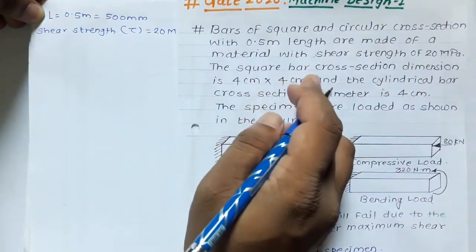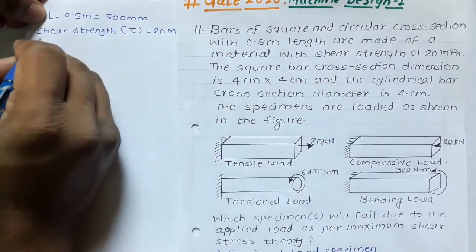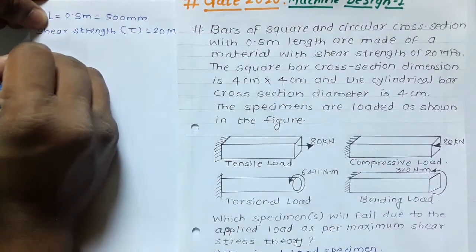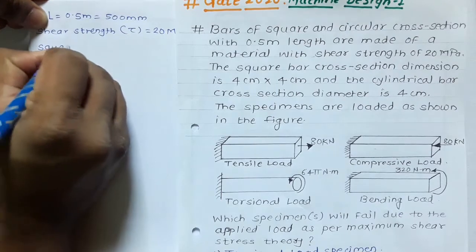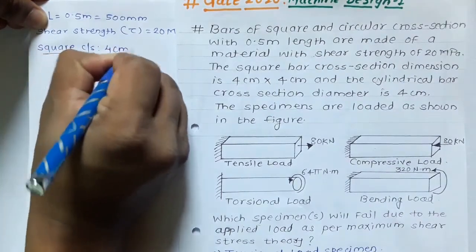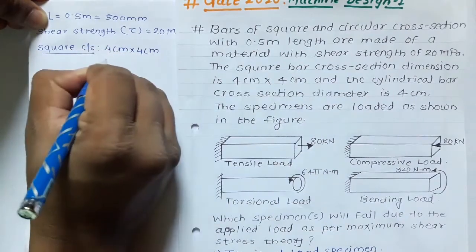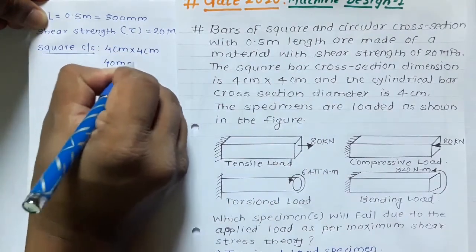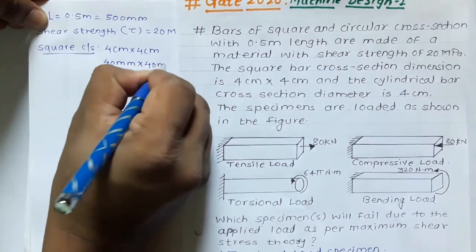Next, the square bar cross section size is given. So for specimen with square cross section, the size is 4 cm by 4 cm, and in mm you can write 40 mm by 40 mm.